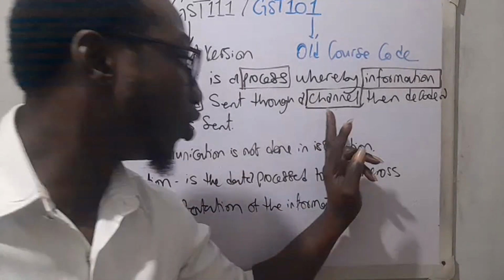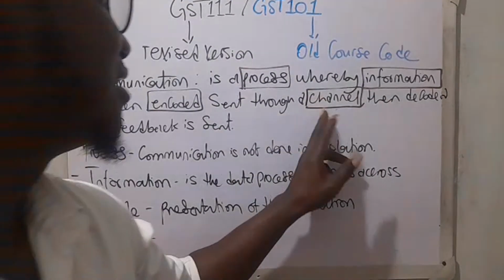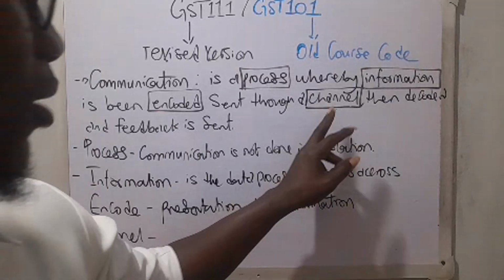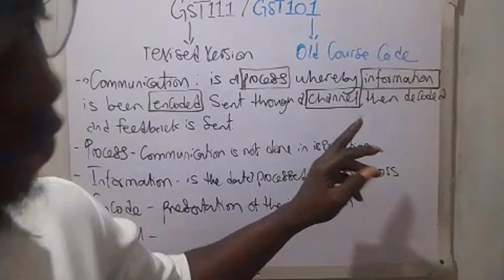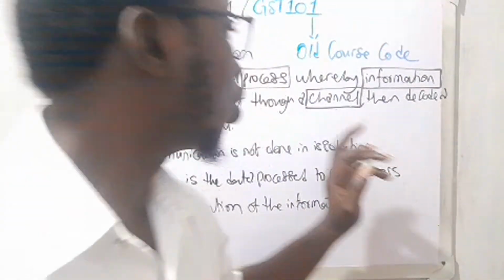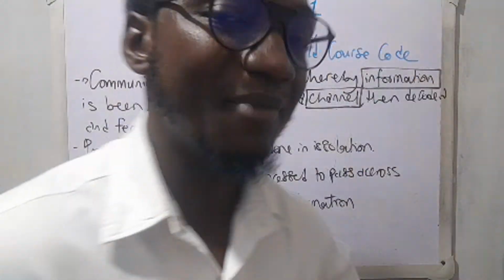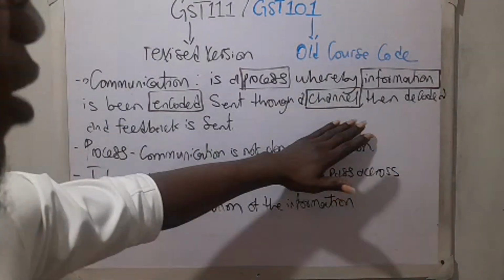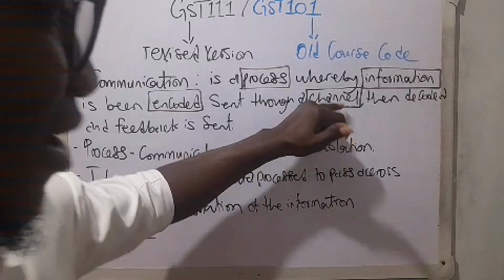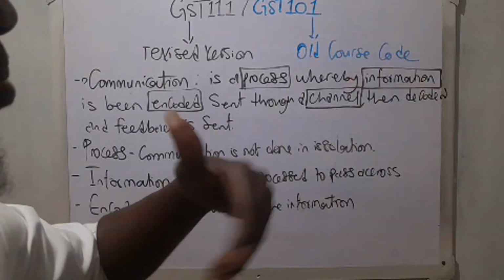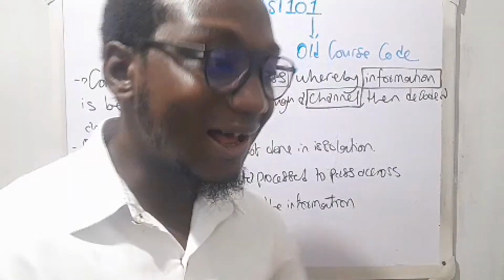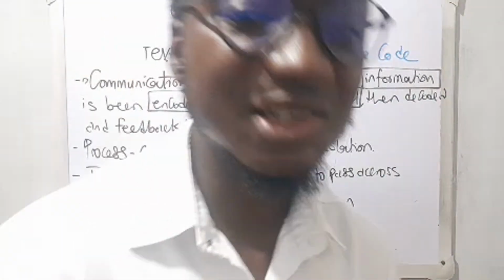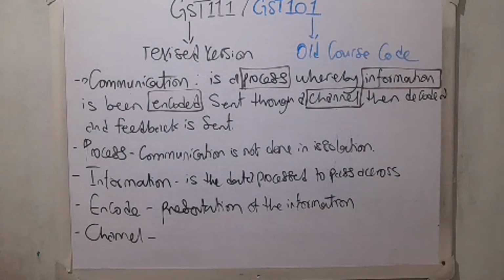Now, this channel also has to do with symbols, your key, your control to getting that message. So, knowing fully well, you need to choose the right channel through which you know that the person you are sending information to can access and receive.